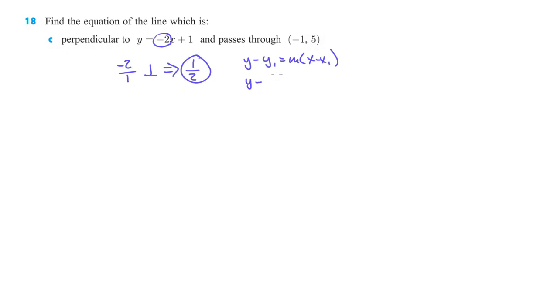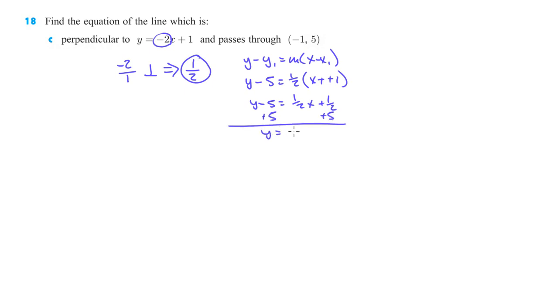So we get y minus 5 equals our slope, which we just figured out since it's perpendicular has to be 1/2, and then x minus negative 1. So y minus 5 equals 1/2 x plus 1/2. And we add 5 to both sides.